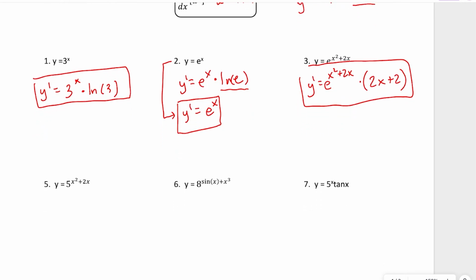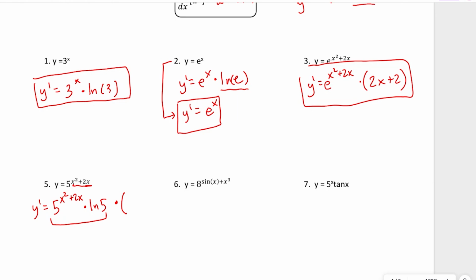Okay, number 5. Now we're going to solve a very similar problem, but the base is going to be 5. So y prime is going to be 5 to the x squared plus 2x times the natural log of 5. This is the base derivative, but then using the chain rule, we have to multiply that by the derivative of the inside, this x squared plus 2x.